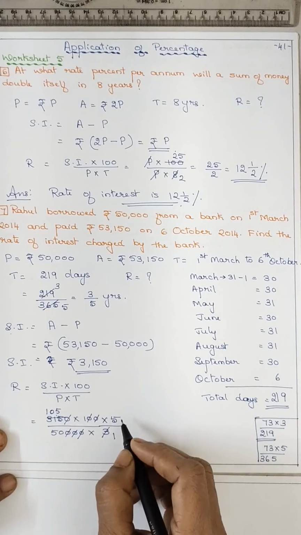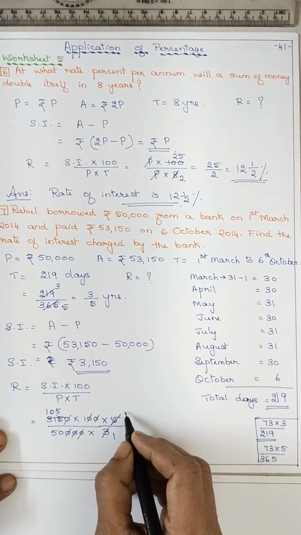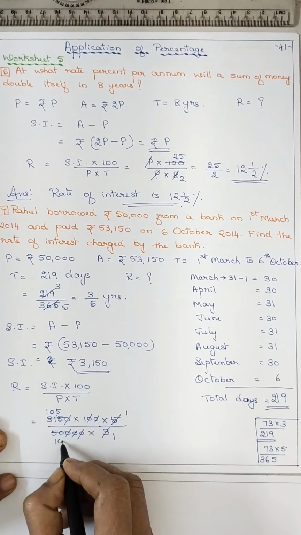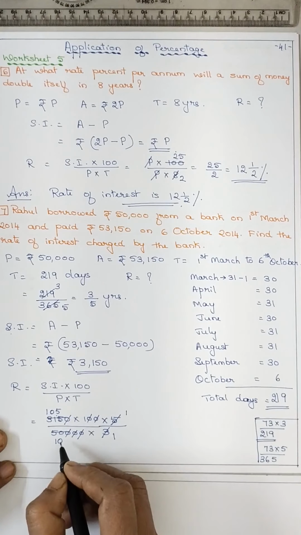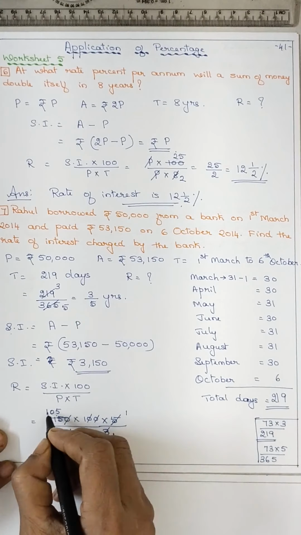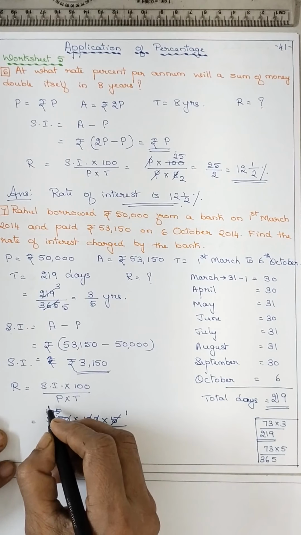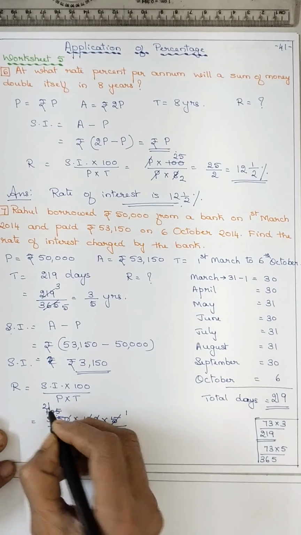Now 5 1s are 5, 10s are 5 2s are 10, and 5 1s are 5.